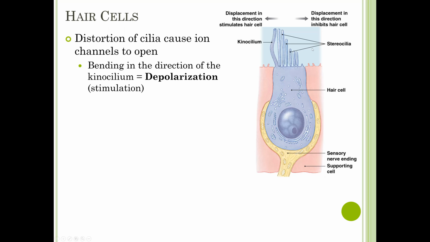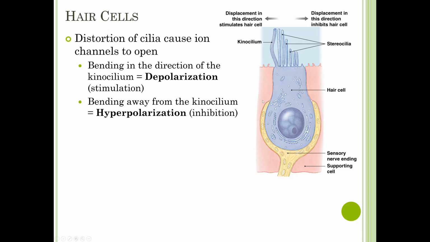If the cilia bend in the direction of the kinocilium, so in this image, if these all bent to the left, you would get depolarization, so the inside of the cell would become more positive. And if the cilia bend in the opposite direction of the kinocilium, so in this example, if all of these cilia bent to the right, then this would cause hyperpolarization, where the inside of the hair cell becomes more negative, and this would cause inhibition of the sensory neuron.